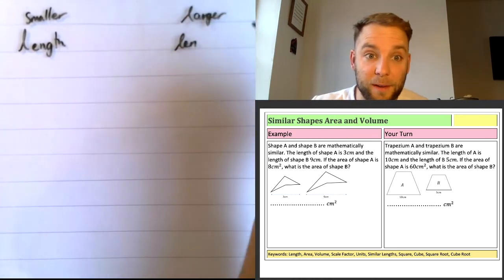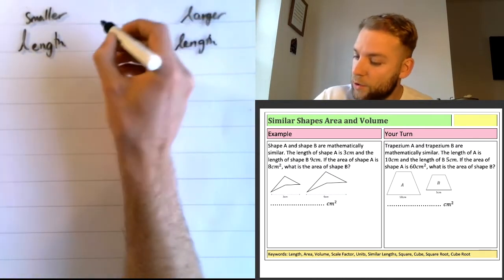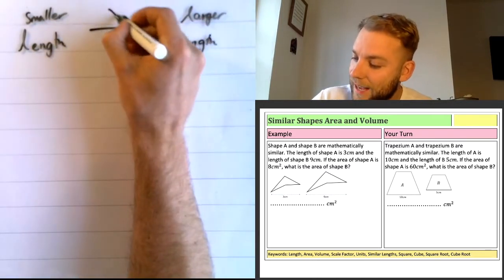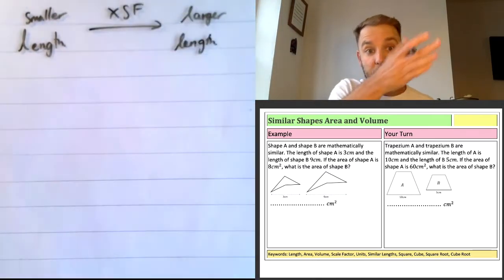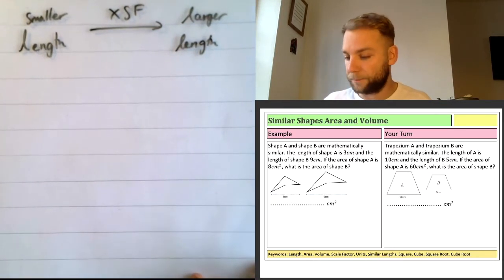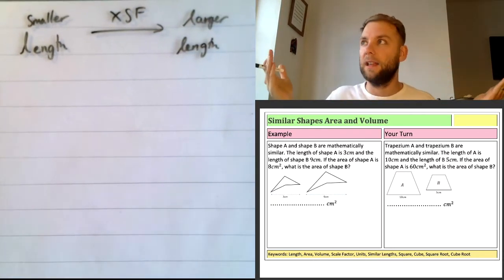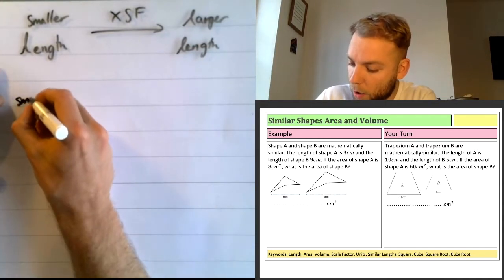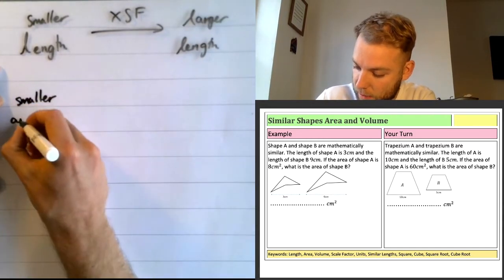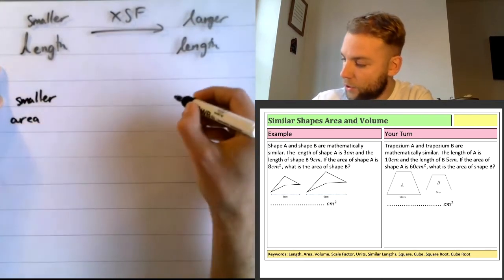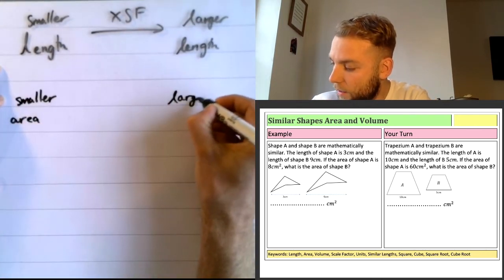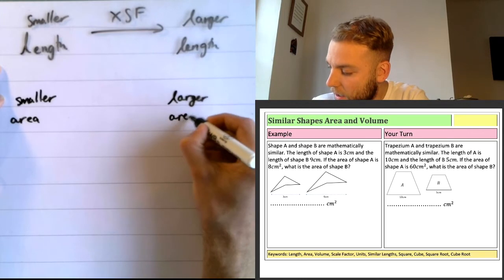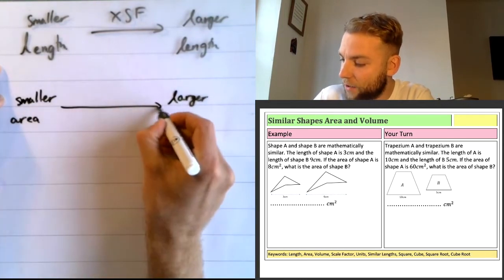Remember, the only way to learn maths is to do it. So if I've got a smaller length and I'm trying to get to my larger length, then I times by the scale factor. That was times by 3 in the case of the one we just had. If you've got a smaller area and you're trying to find your larger area, you can't just times by the scale factor.